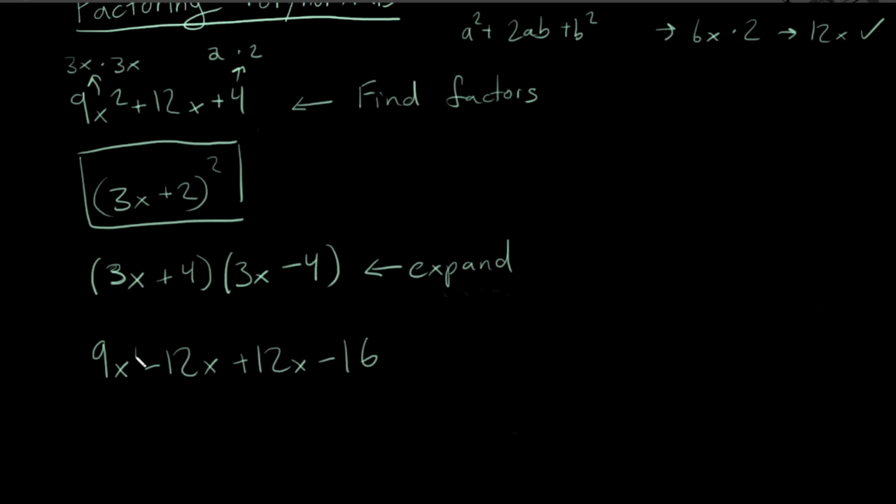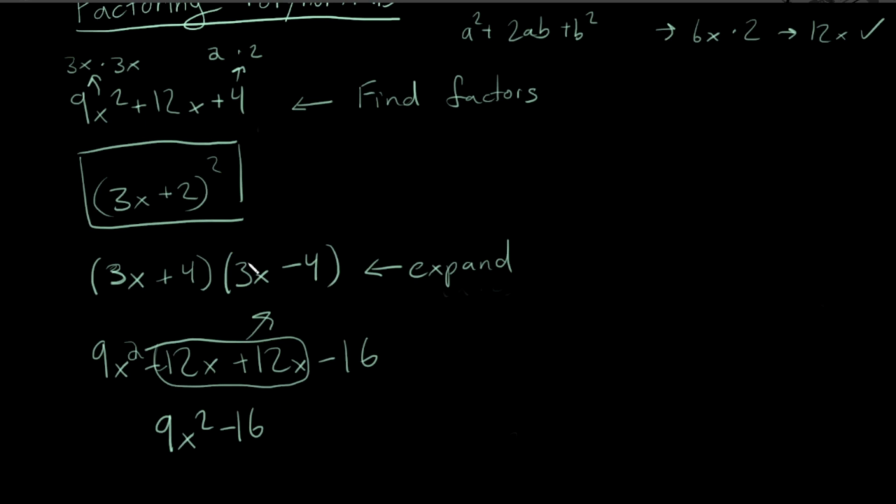We can see here that's negative 12x plus 12x. So these actually cancel out because you're subtracting 12x and you're adding 12x. And what we're left with is 9x squared minus 16.